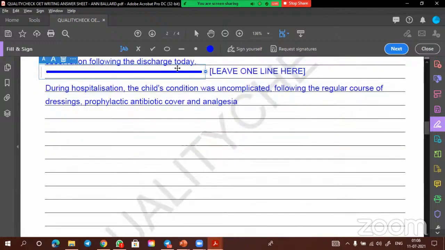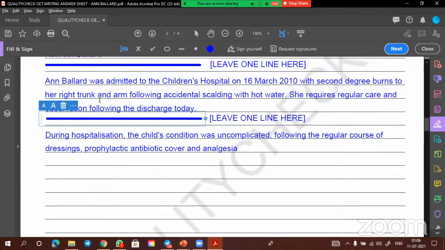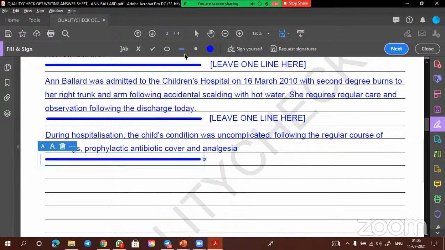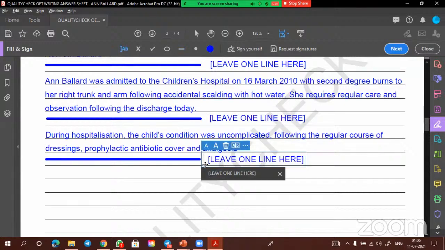Then next one, leave one line again here. Then you can start here.